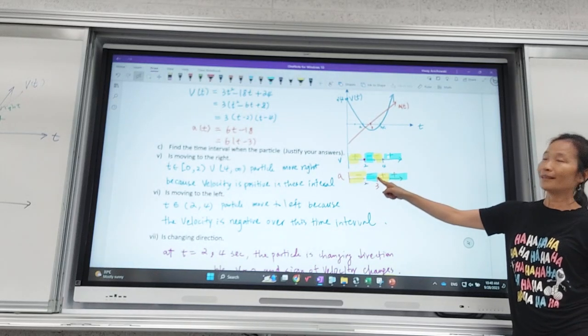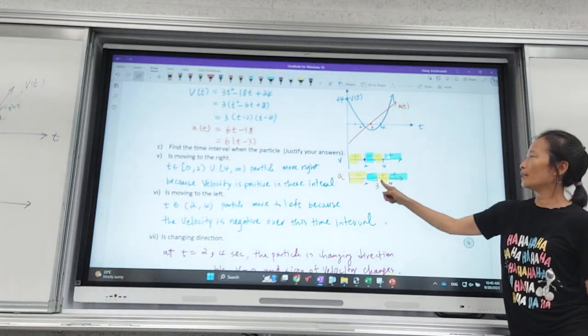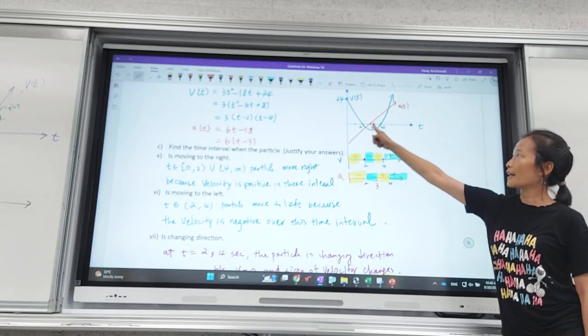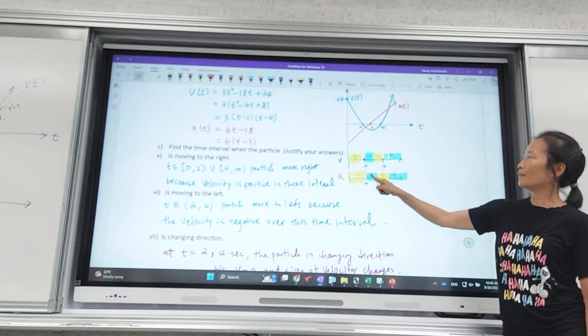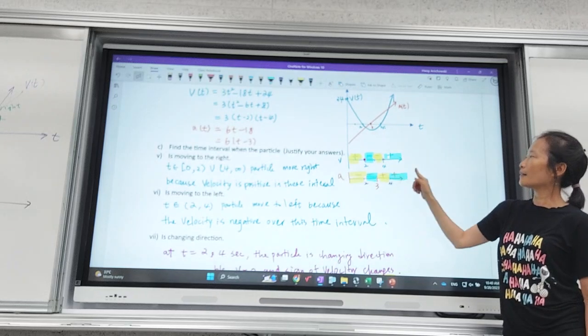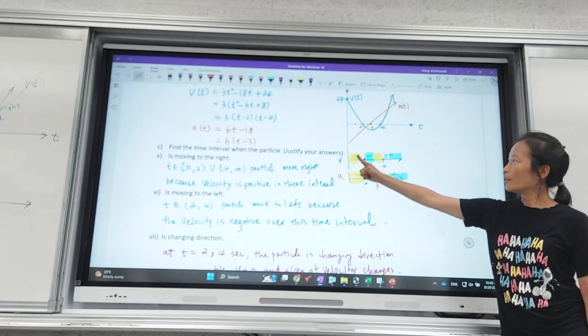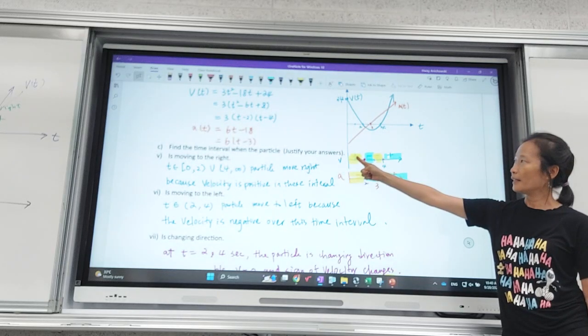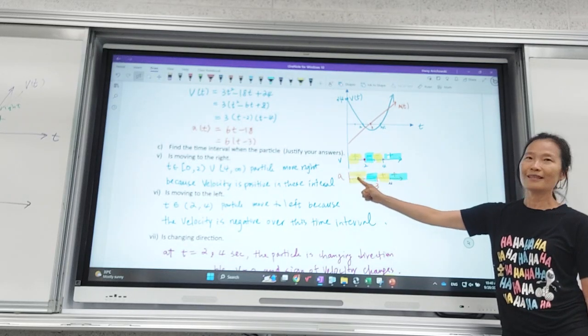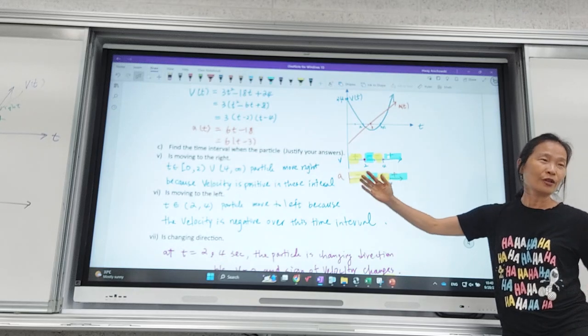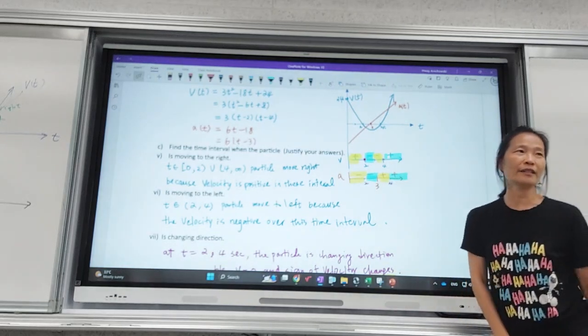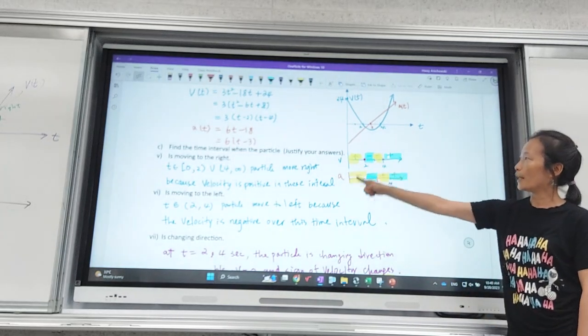Okay, the boundary point is 3. From 0 to 3, acceleration is negative. After 3, positive. If you're moving to the right, positive velocity, but the force is opposite, trying to push you back to the other direction, you will slow down.